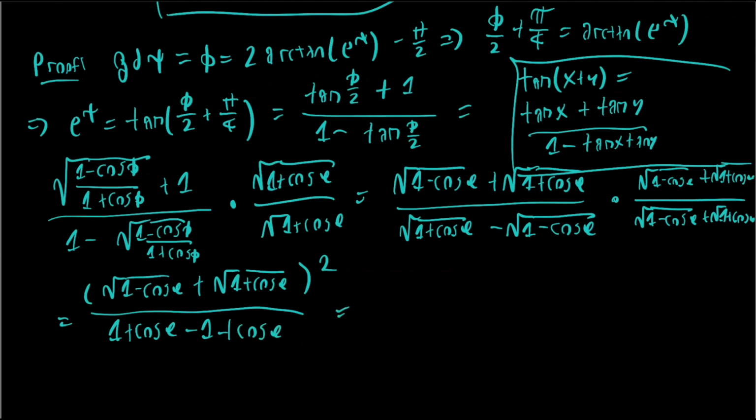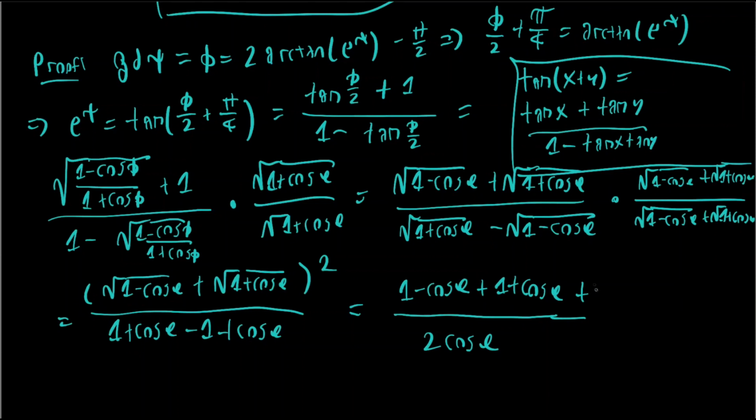And this simplifies, by calculating the square upstairs and rearranging downstairs, to 2 times the cosine of phi downstairs, and upstairs we get 1 minus the cosine of phi plus 1 plus cosine of phi, all plus 2 times the square root of 1 plus the cosine of phi times 1 minus the cosine of phi.